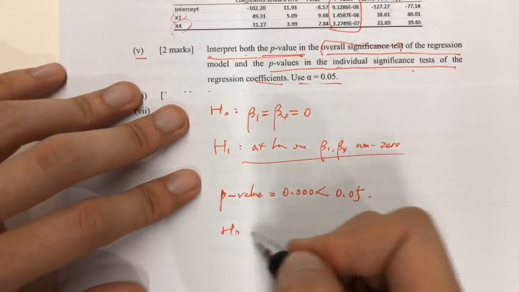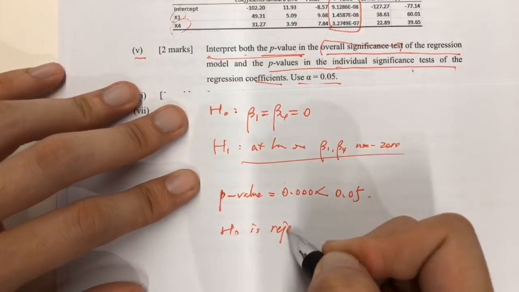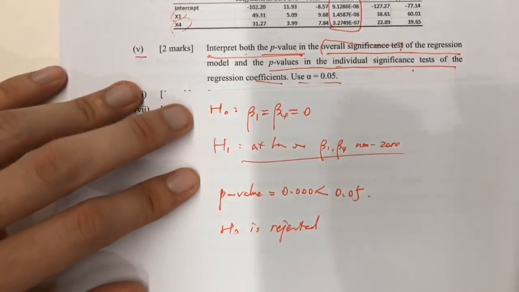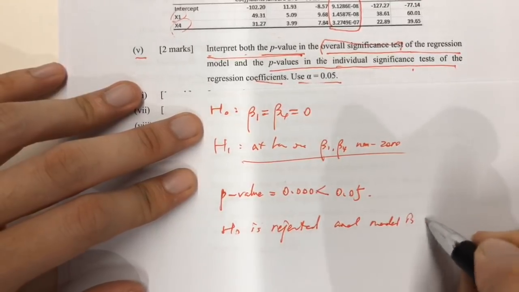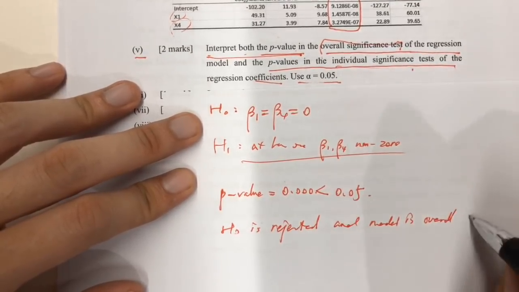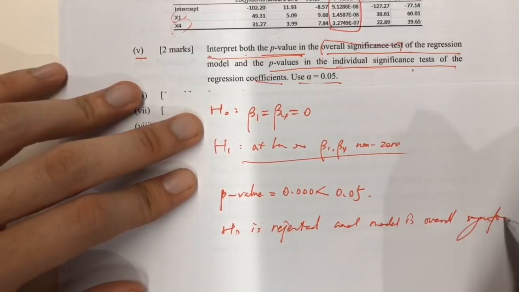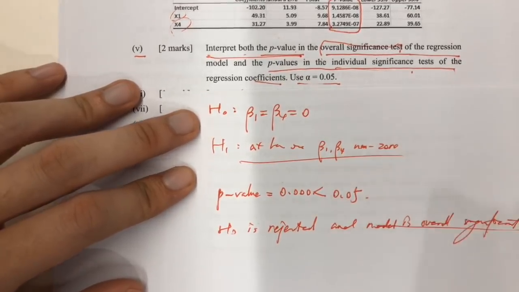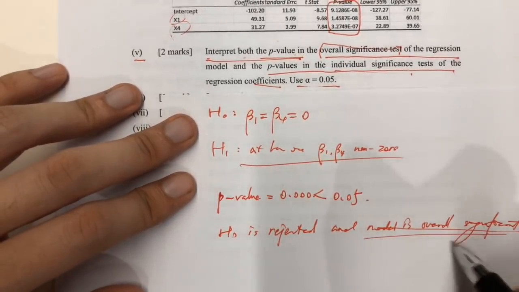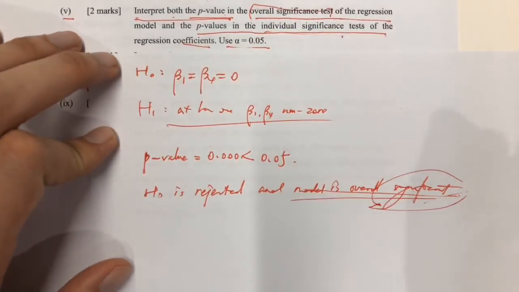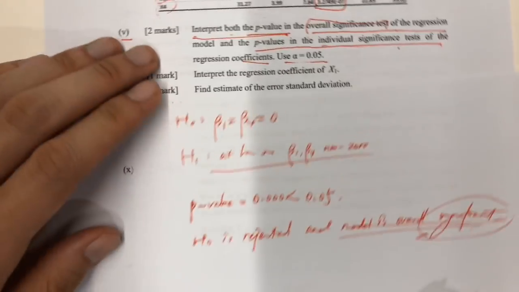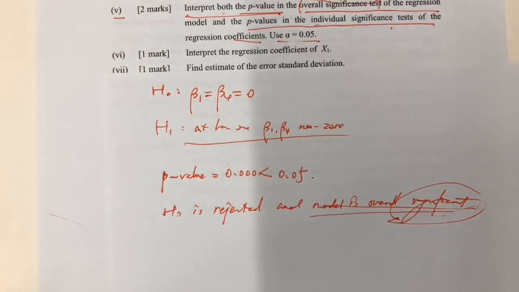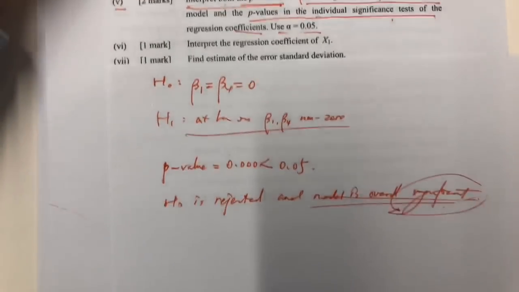Therefore, H0 is rejected, and the model is overall significant, or overall significant to the explanation of the variations in y. So that is what is covered here.